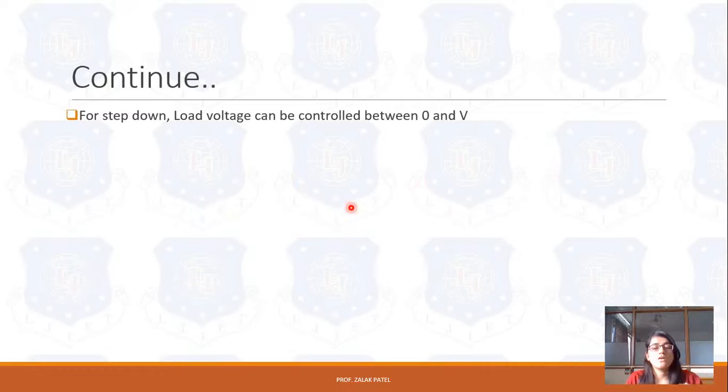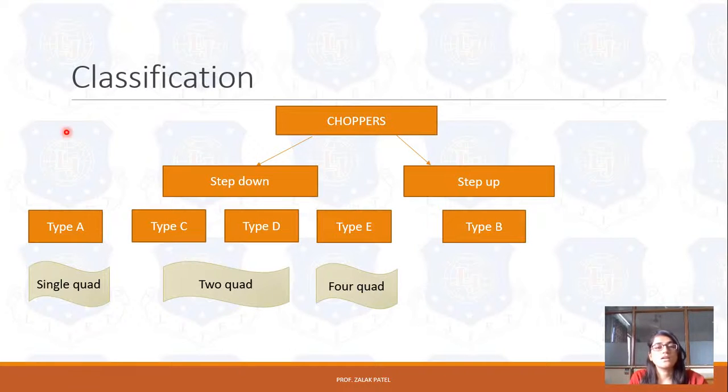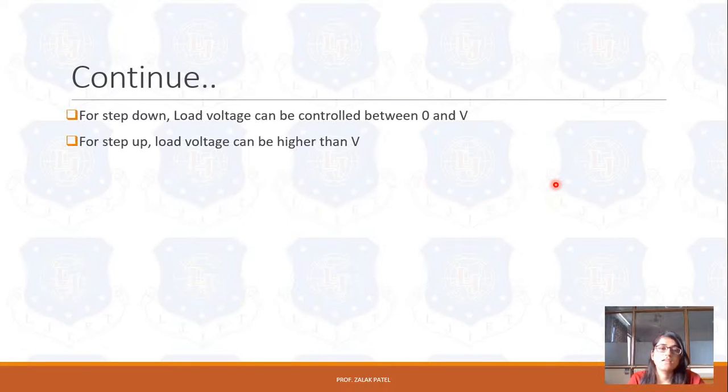Now let's move toward the next. For step down, as we see in the classification, it can be divided into step up and step down chopper. In case of step down, the load voltage can be controlled between 0 and V, meaning the maximum voltage and 0 voltage.